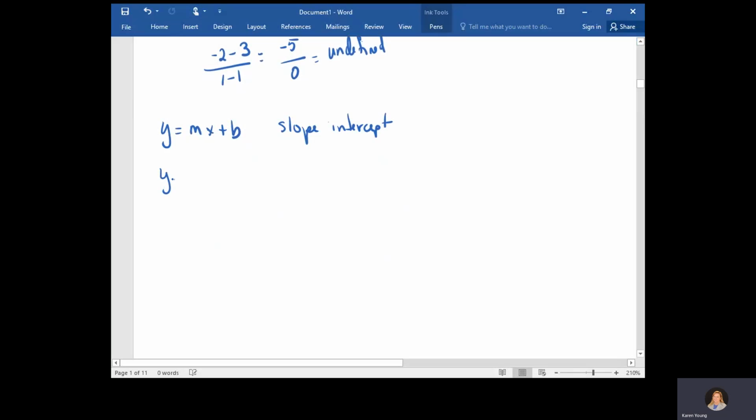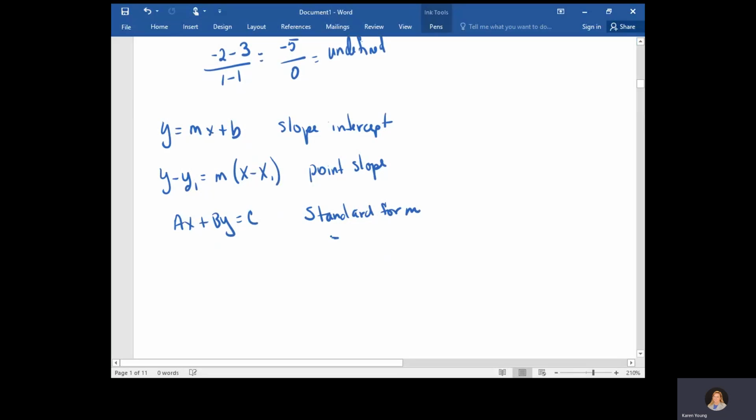Then we have y minus y1 equals m times x minus x1. This is point slope form. And then we have ax plus by equals c, and this is standard form.